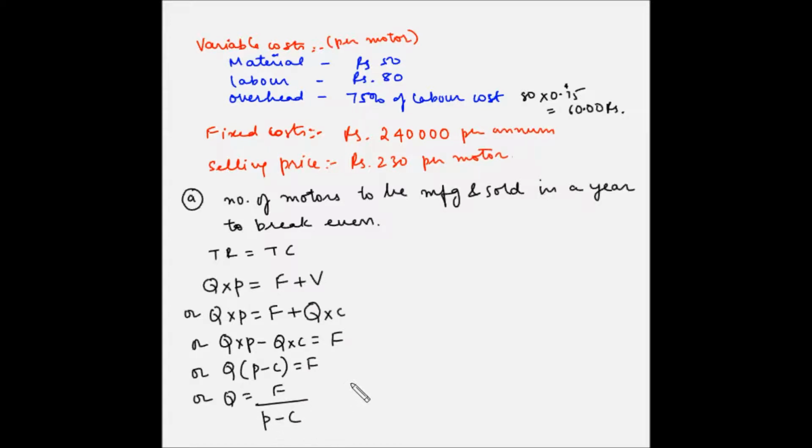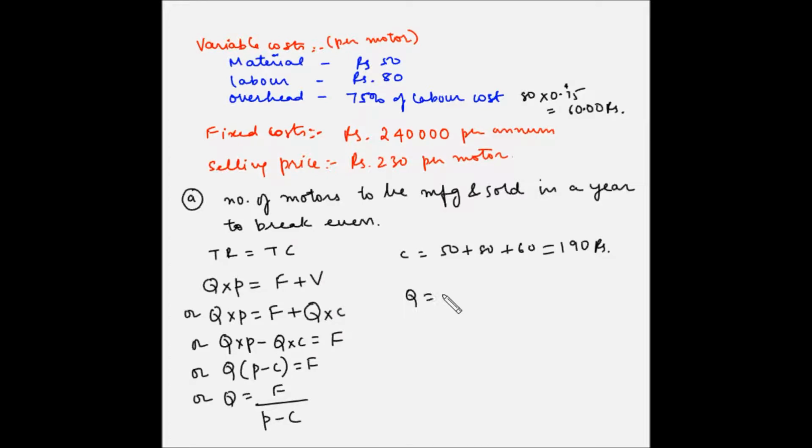or Q is equal to F divided by P minus C. So in our case, F is 2.4 lakhs, P is 230, and C is equal to 50 plus 80 plus 60, which is equal to 6 plus 8 is 14 plus 5 is 19, so 190 rupees.